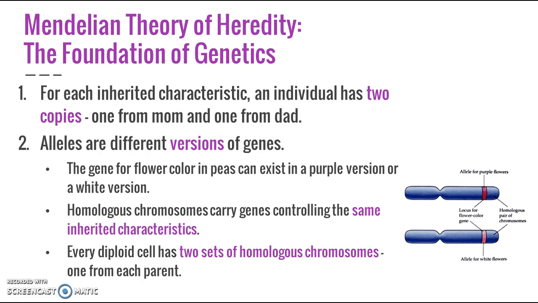Every diploid cell, or your somatic cells, have two sets of homologous chromosomes. You get one set of instructions from your mom and one set of instructions from your dad. So again, pictured here is a pair of homologous chromosomes, showing us that they do have similar traits. They're both coding for flower color. One just happens to have a purple allele, and one just happens to have a white allele.